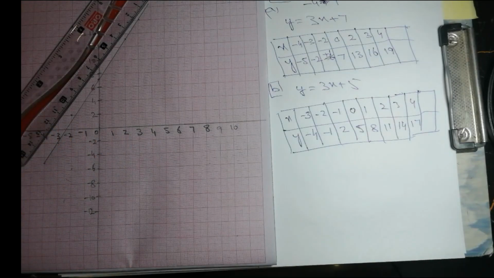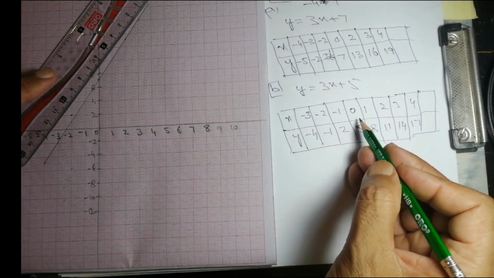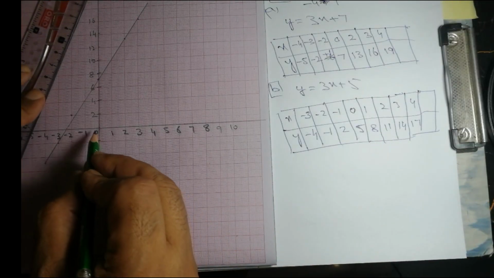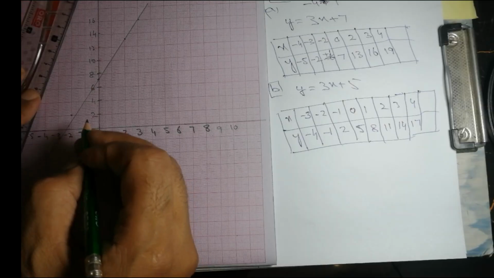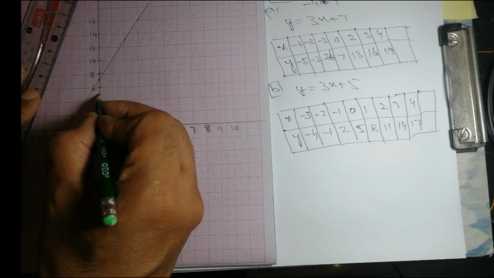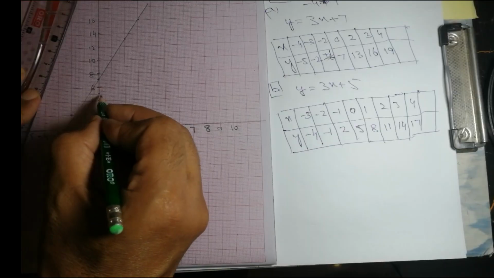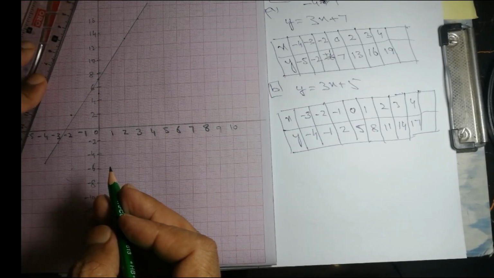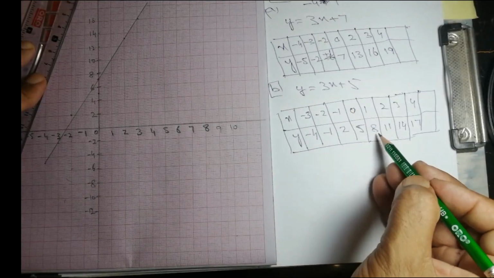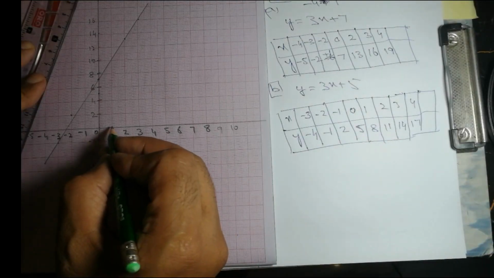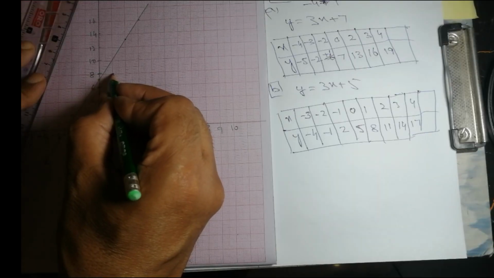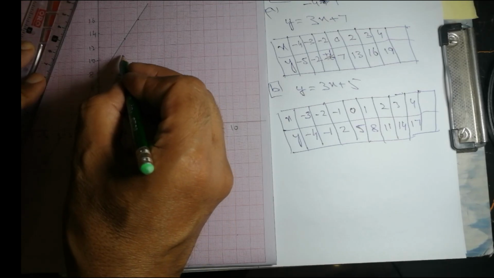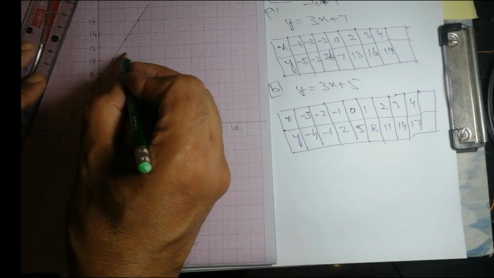So now we need to draw the values 0 and 5, x equal to 0 and y equal to 5. 5 is here somewhere, in the middle between 4 and 6. This is the 5. And 1 and 8, this is plus 1 and 8, this one. 2 and 11 is in the middle of 10 and 12, this one.